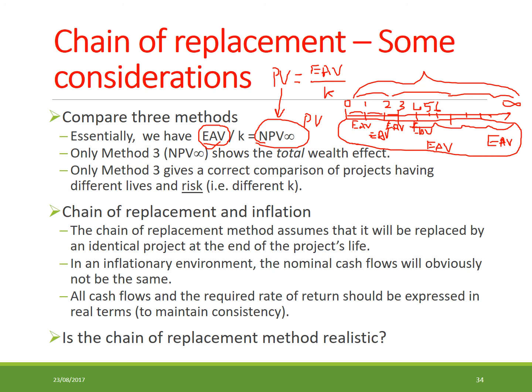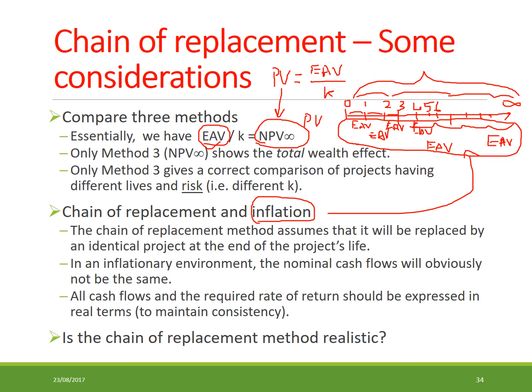Okay. Inflation, right? So what we've been doing here is we've been assuming that we repeat the projects into perpetuity, and all the cash flows are fixed, right? So every year we have the same cash flows. If we have inflation, it's likely that our cash flows in the future would be inflated, right? So the values of the cash flows in the future have to be higher.